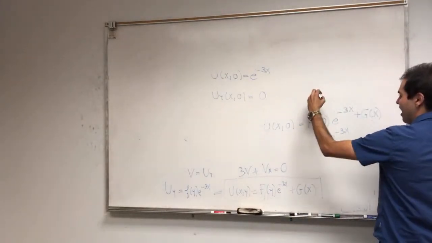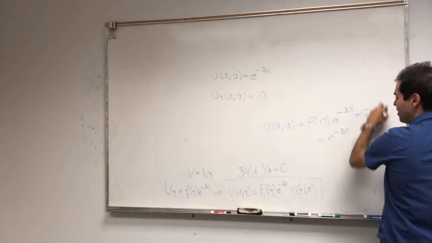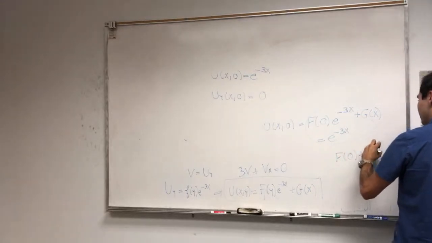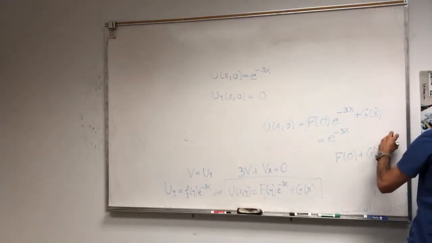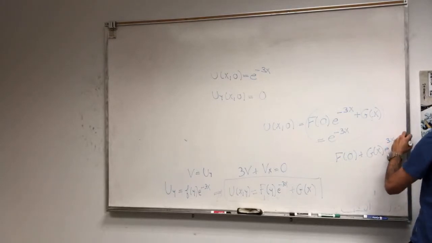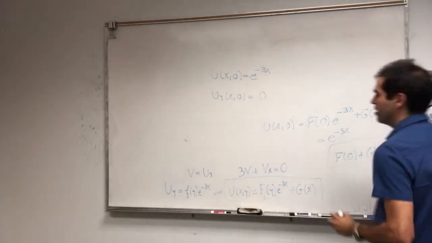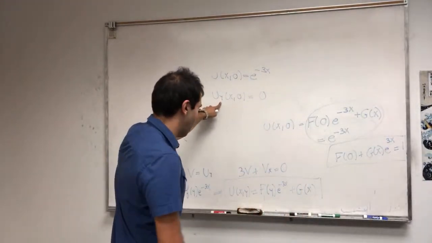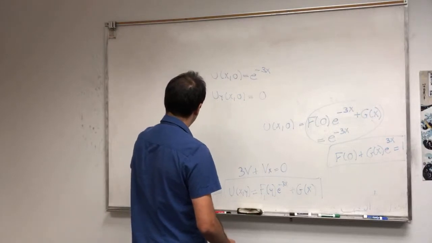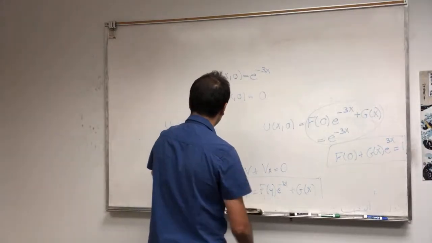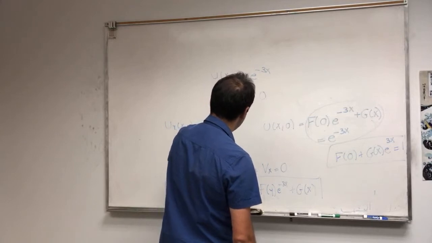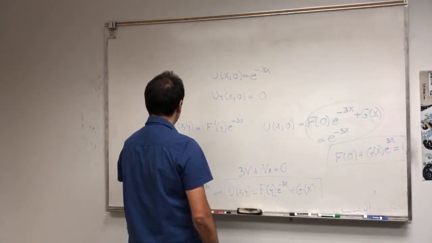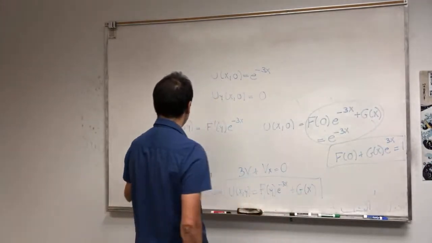But well, let's see. So we have this equality. All that we can conclude is f(0) + g(x)e^(3x) = 1. That's one thing. And now let's calculate the derivative. So u_y: you differentiate with respect to y, so you get f'(y)e^(-3x), and this other term disappears with respect to y.